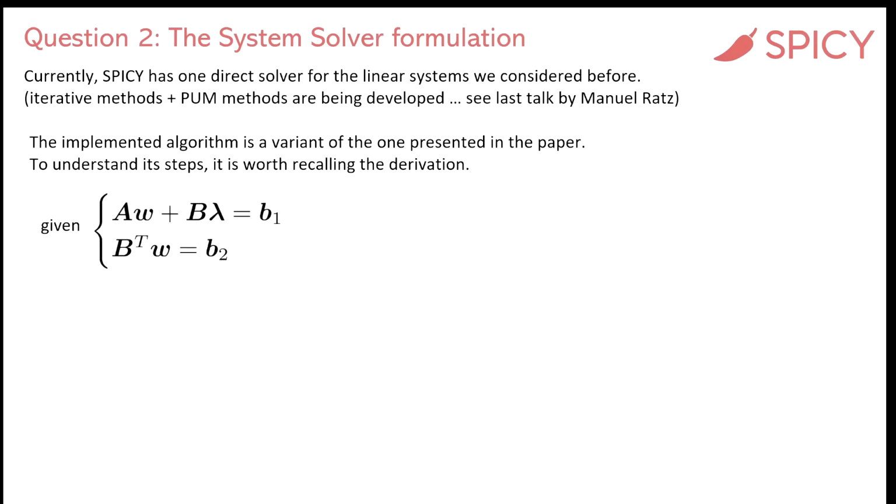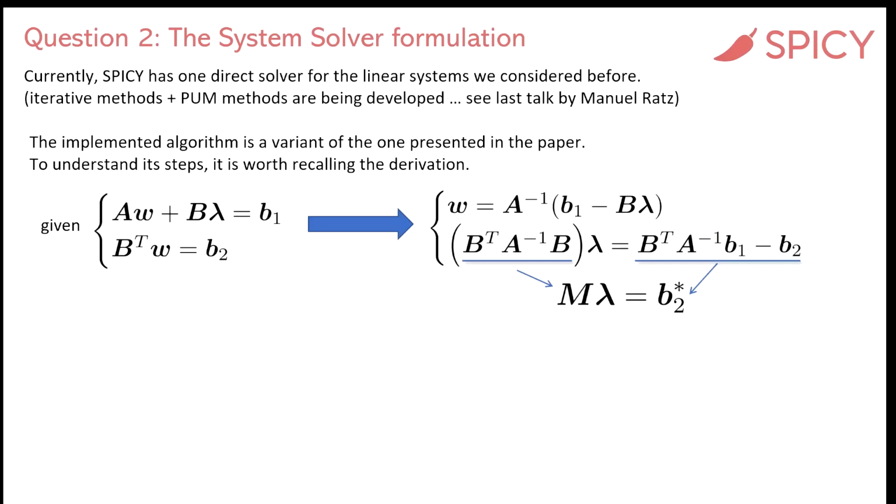So let's take back the linear system which we have been playing with throughout the whole course. You remember we are solving for the weights W and the Lagrange multipliers lambda. And the first thing which I encourage you to do is to extract the weights from the first equation.